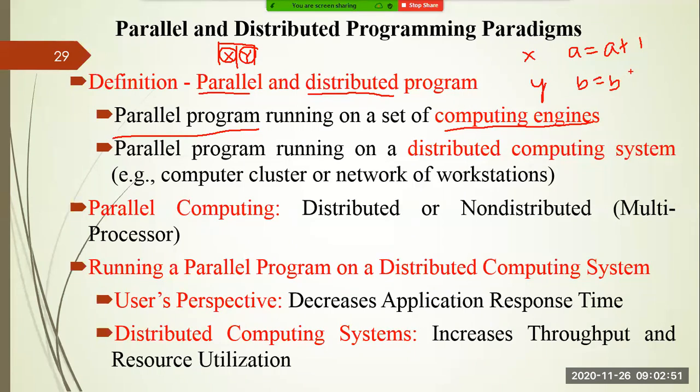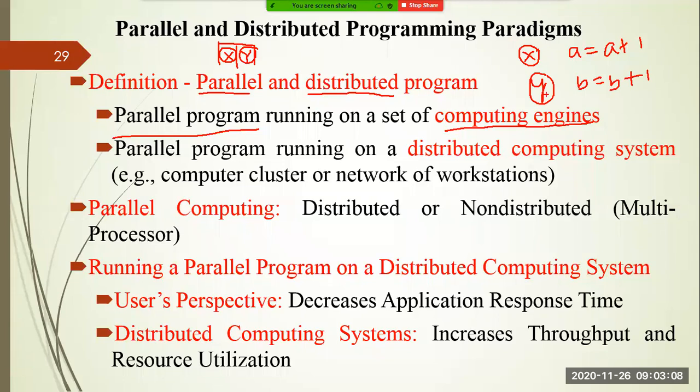If you see these two, the first statement is nowhere related to the second statement. The first statement is incrementing the value of A, the second statement is incrementing the value of B. So they are not related to each other.